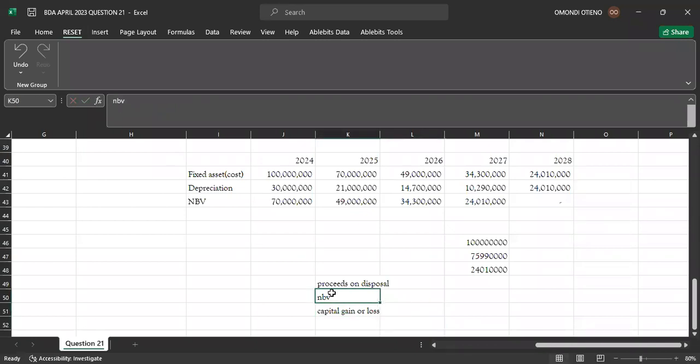If you are told that the lifespan of this asset is 5 years, our net book value automatically could have been 0. And then we compare with the proceeds if it was disposed. They have not mentioned the lifespan of the asset to be 5 years. No, it is the project life that is 5 years.